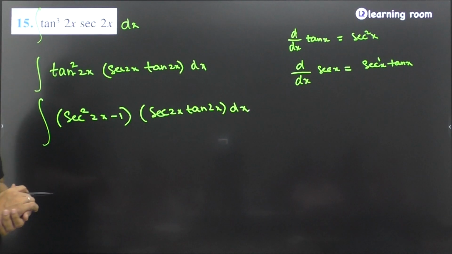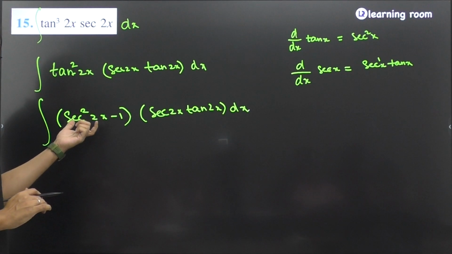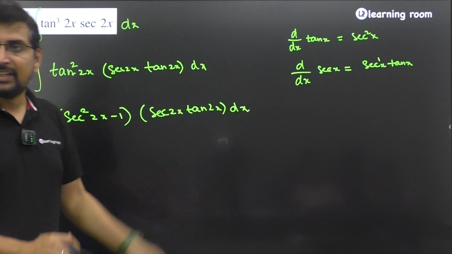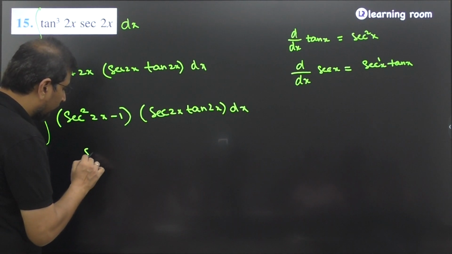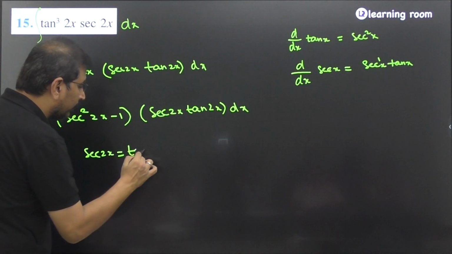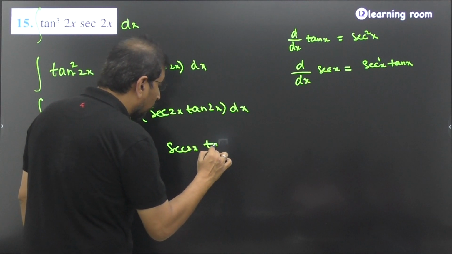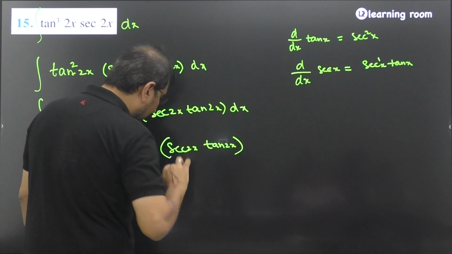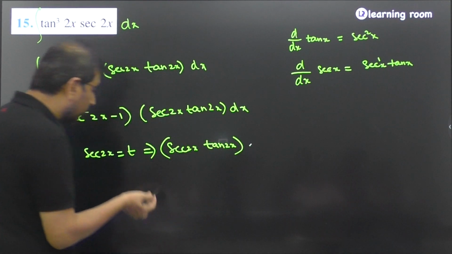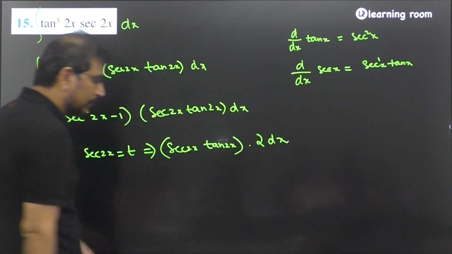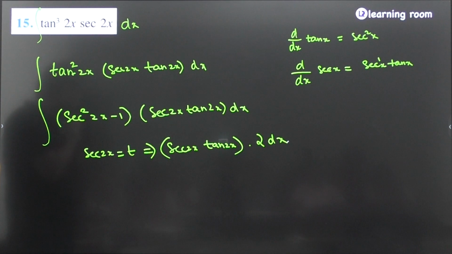Now things are sorted. If I put secant 2x as t, then this will come as a function of dt. Clear with that? So secant 2x as t, that comes out as secant 2x into tan 2x multiplied with the derivative of 2x, which is 2 times dx. Am I clear with this?